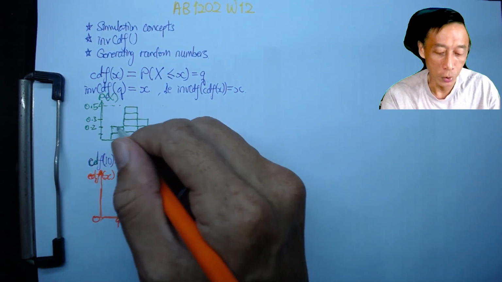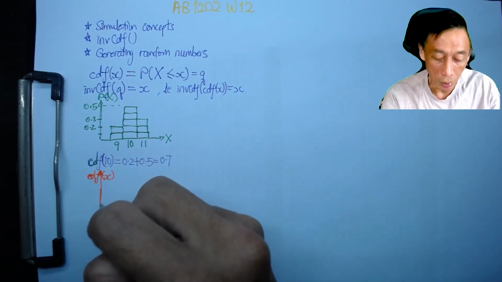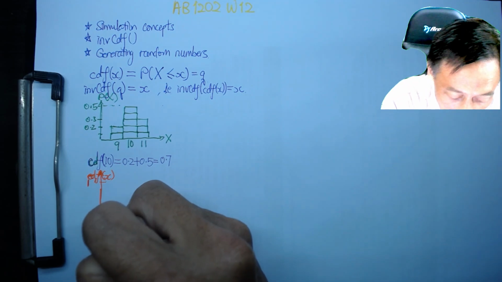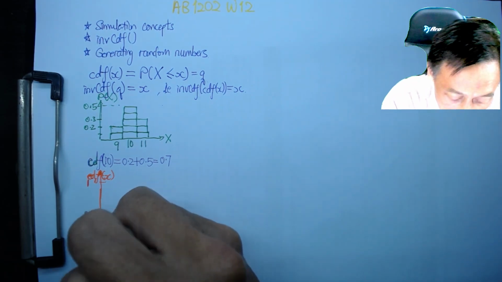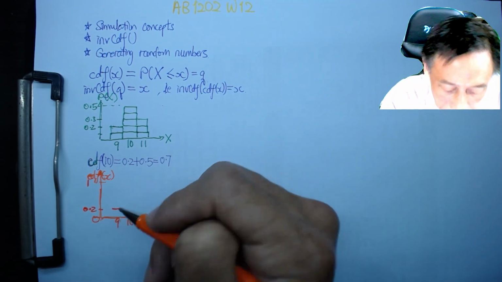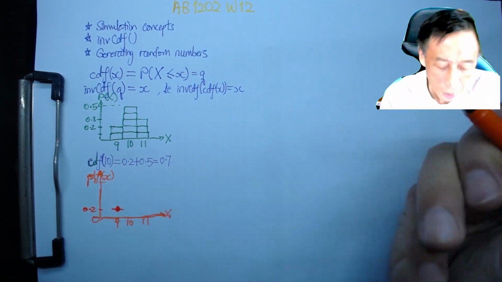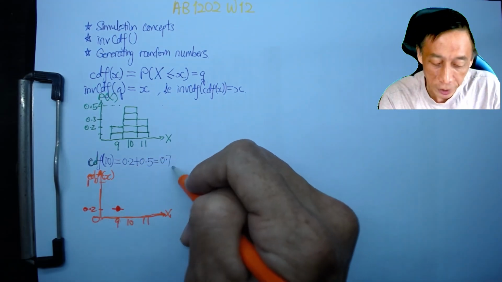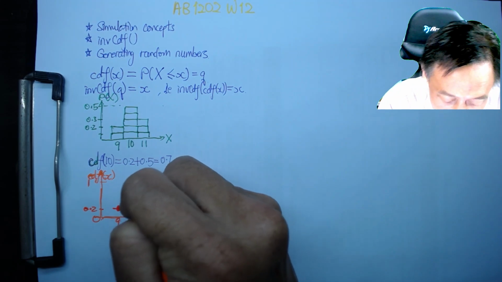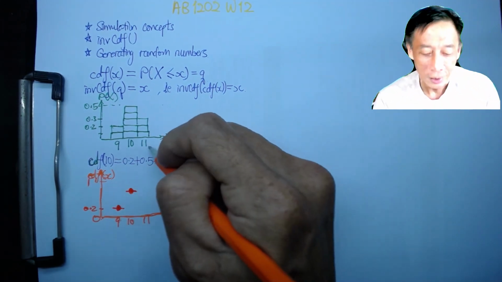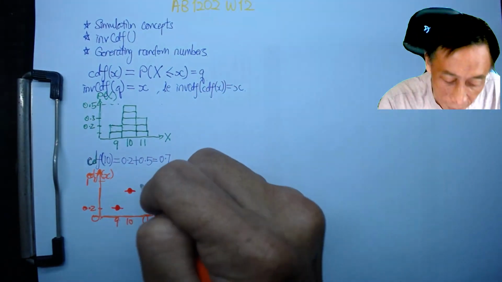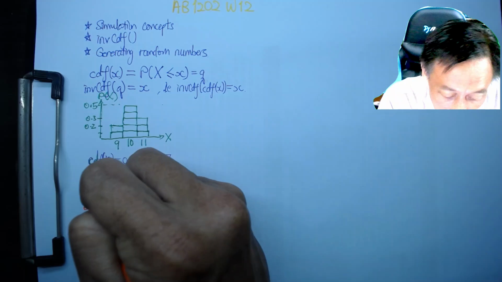Well, that's 0.2. So the CDF of 9 is 0.2. Actually, just a dot here. The CDF of 10, we have already calculated, is 0.7. So that's around here. And the CDF of 11 will add on to the CDF of 10 the 0.3. So that will complete the 1 here. So it will be a 1 here.